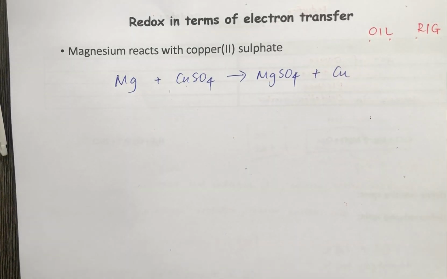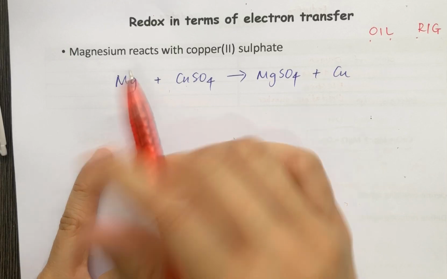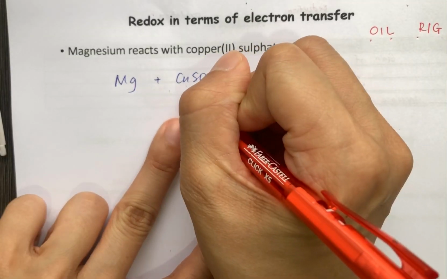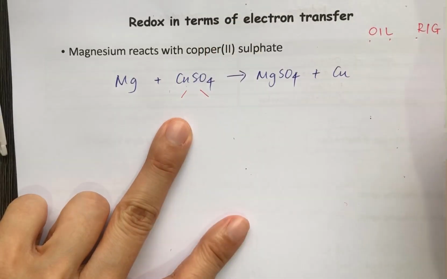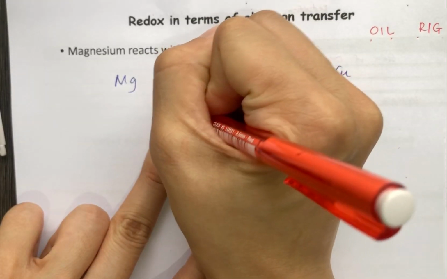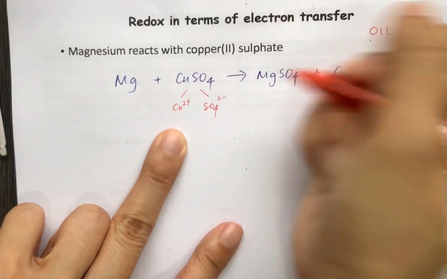As usual, if I want to know the charges, I look at them one by one. Mg is an element, so don't do anything. Next, copper sulfate is a compound, so I split it into ions: Cu2+ and SO4 2-.